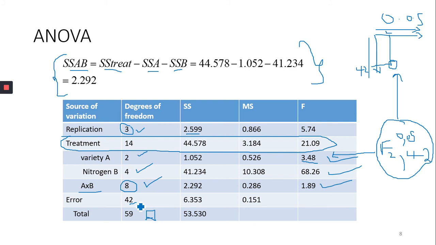All the 3 varieties are the same on average in terms of yield. There is at least one variety that produces a different yield from the rest. So those are the hypotheses to be tested by this. We don't just produce an ANOVA for the sake of it. We want to test a claim. We want to test a hypothesis.